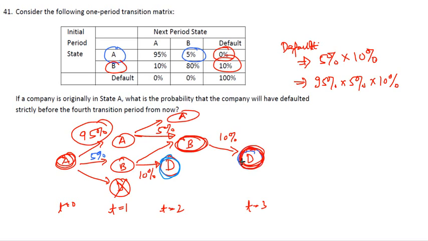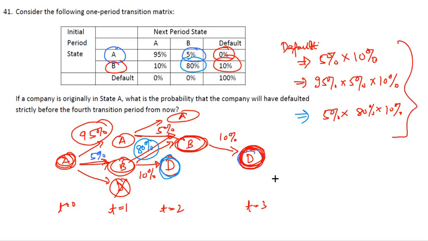You can reach the same state by going from A to B, then B to B, and then B to D. So A to B is 5%, B to B you remain is 80%, and from B to D is 10%. So these are the only three cases that you have over here.